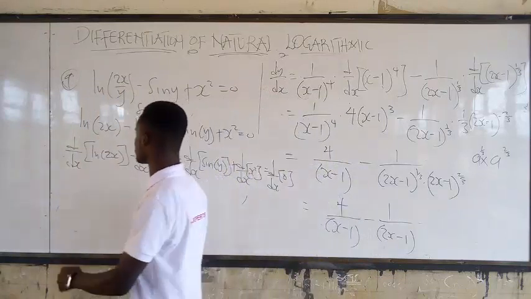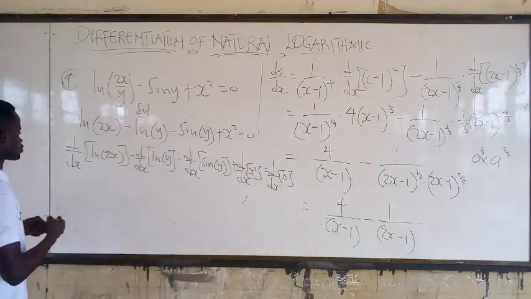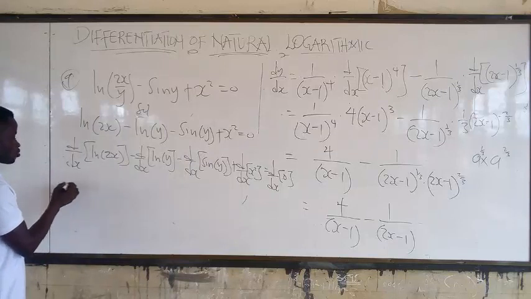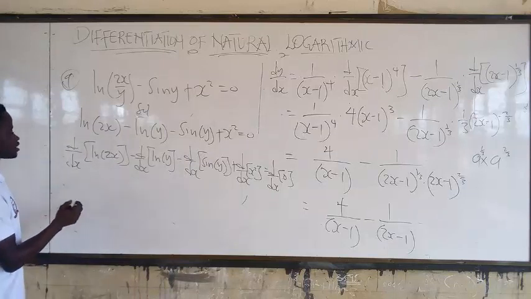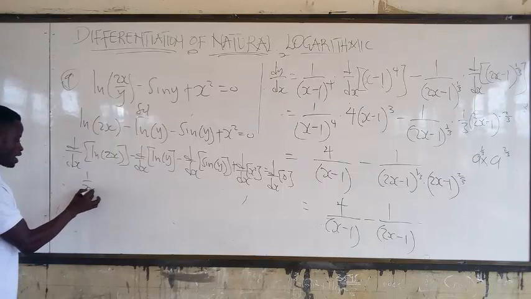Alright, so let's see what you're going to have. If you take the derivative of this, you are going to get 1 over 2x.